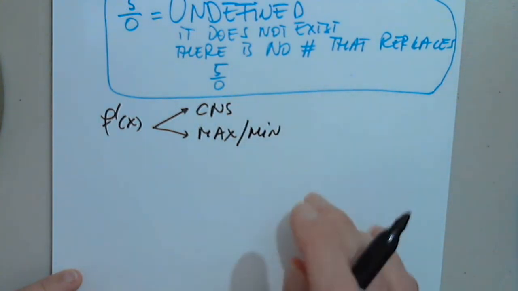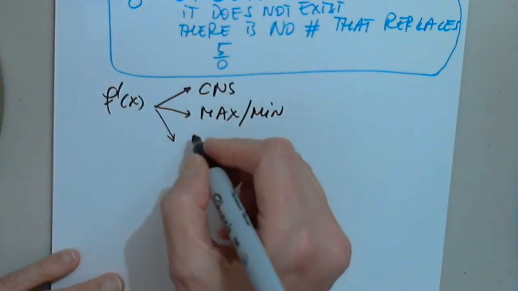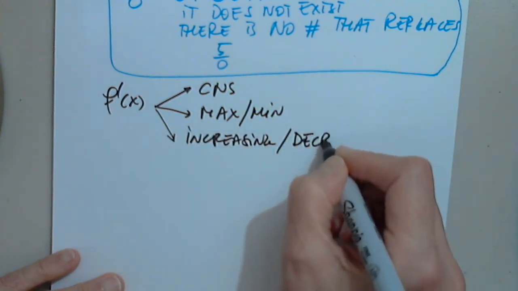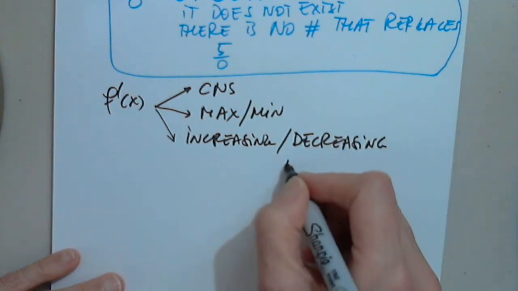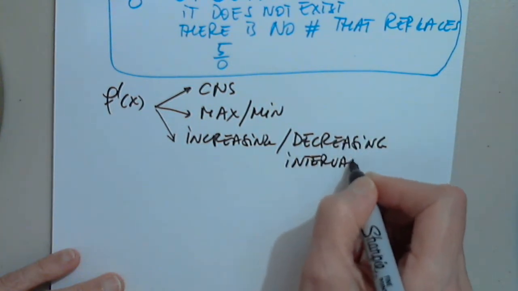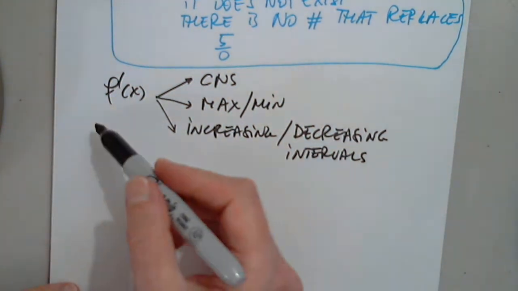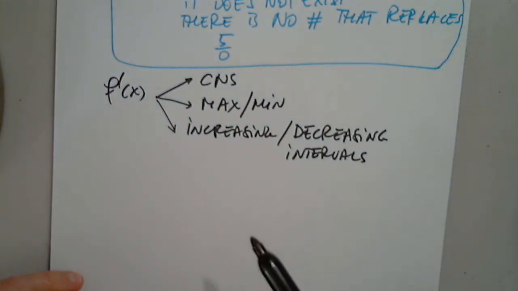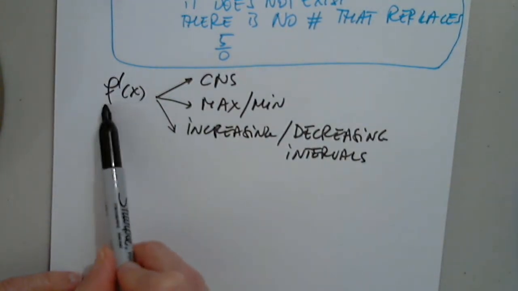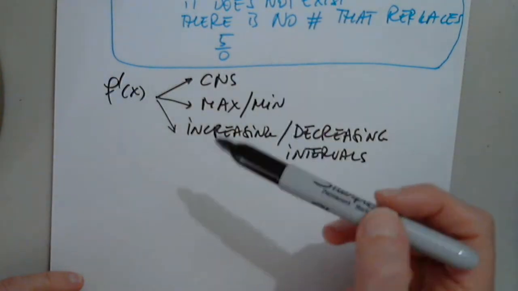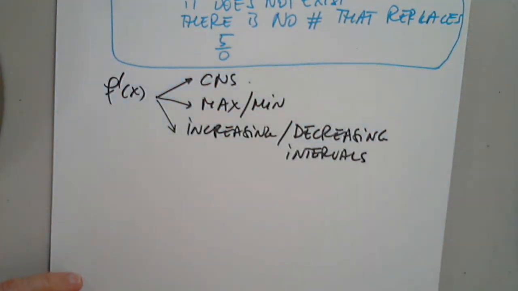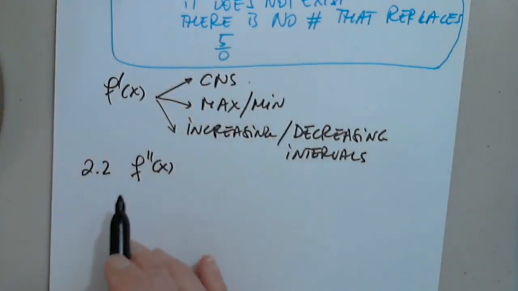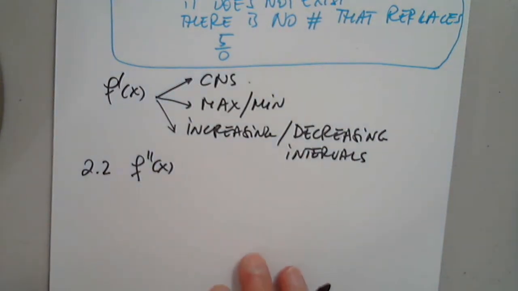And it also gives increasing or decreasing intervals, in addition to the rate of change, the instantaneous rate of change of the function at any point. What else did we learn from the derivative? Critical numbers, max min, increasing, decreasing intervals. So in the next section, 2.2, we're going to look at the second derivative and see what the second derivative is telling us about the function.